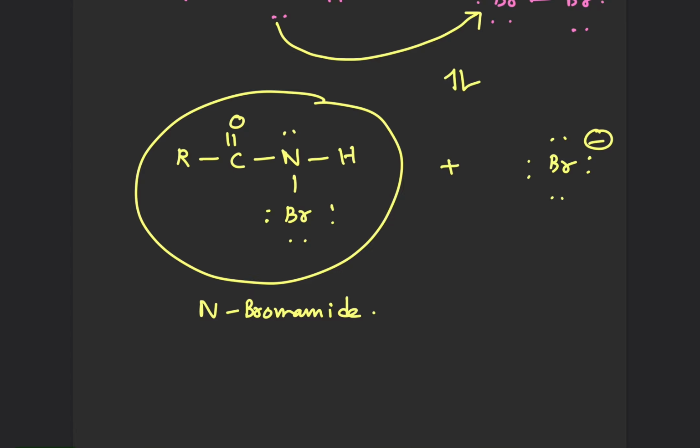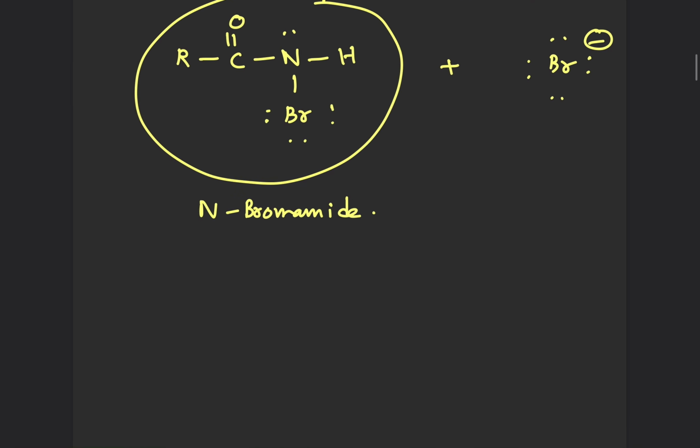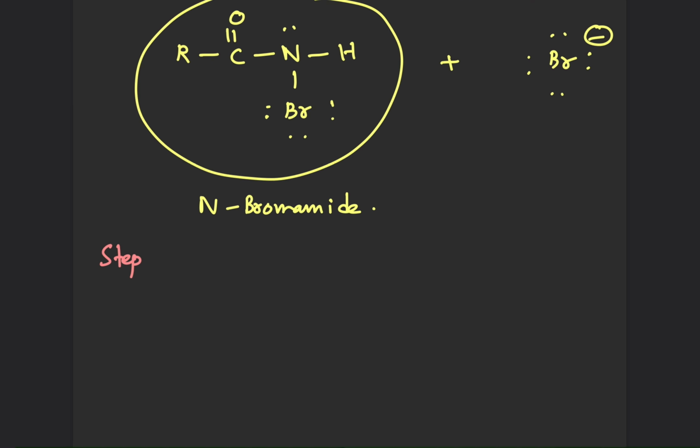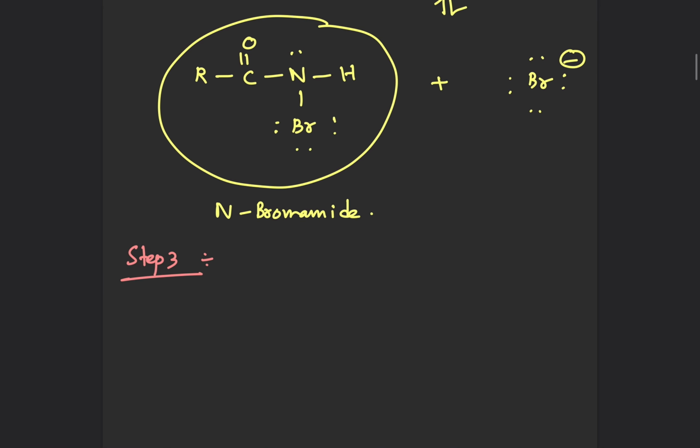Then we have step 3. In step 3, the N-bromamide is attacked again by the base OH minus, leading to its deprotonation and formation of water. This RC double bond O, N with a lone pair, H and Br, is attacked again by the base.